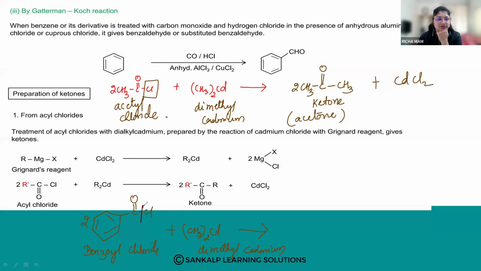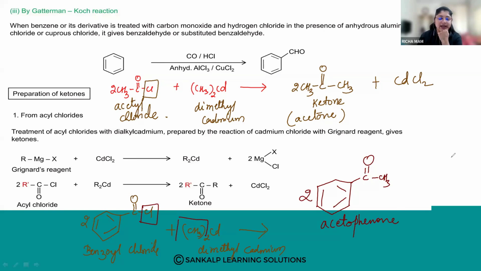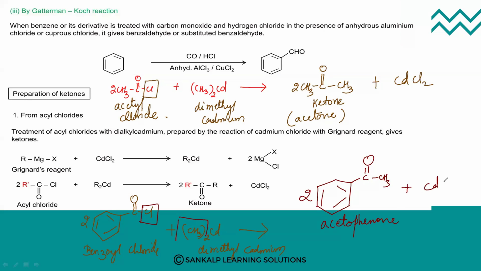Don't think much. Your Cl will be replaced by this CH3. So this is the benzene ring, C=O and CH3. What is the name of the compound? It is acetophenone. So this is the product obtained.